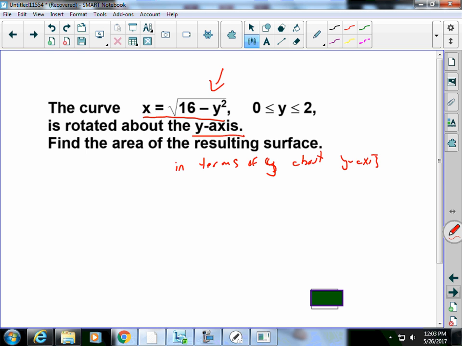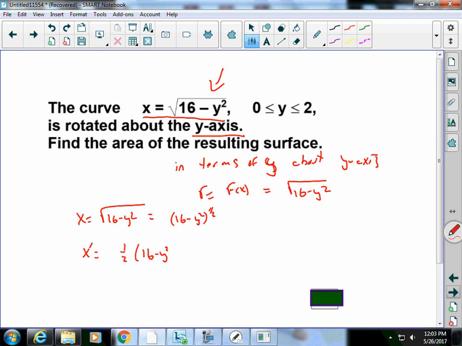So that means r is equal to my function, which in this case is the square root of 16 minus y squared. So let's see, x is equal to this, which I could rewrite as 16 minus y squared to the 1/2. X prime then has to be equal, 1/2 comes up front, 16 minus y squared, minus 1 from the half, I get minus a half.